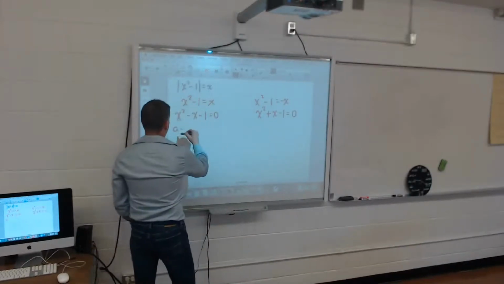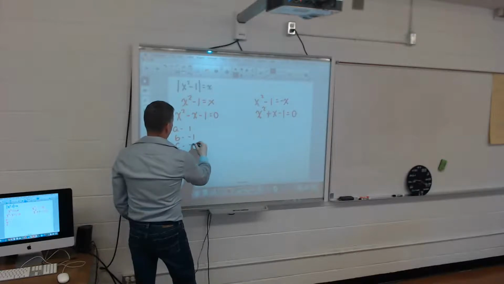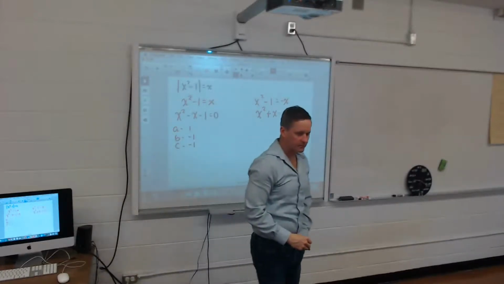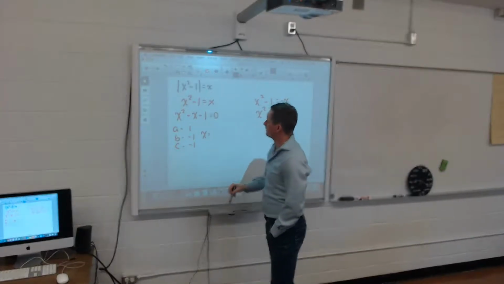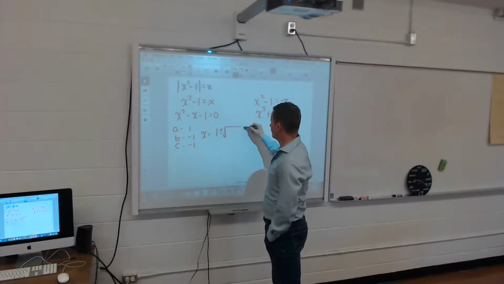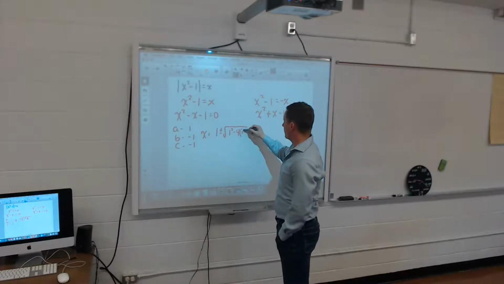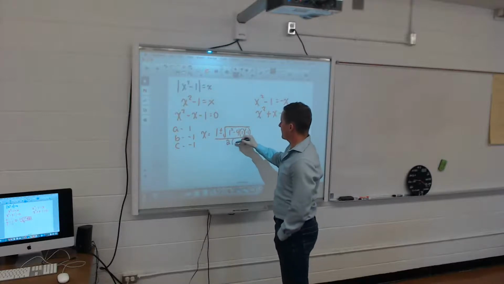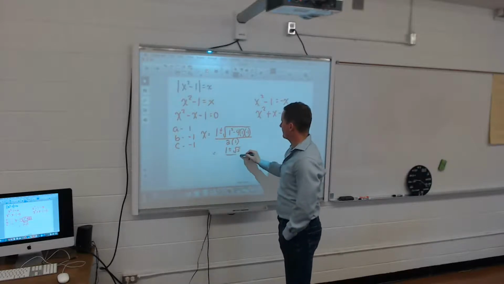So I've got A, B, and C. A is 1, B is -1, C is -1. So let's plug that into our formula. So x is equal to negative b, which would give me 1 plus minus the square root of 1 squared subtract 4 times 1 times -1, all over 2 times 1. 1 plus minus the square root of 5 over 2.